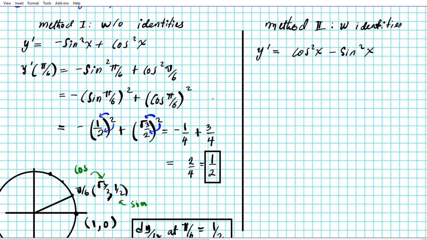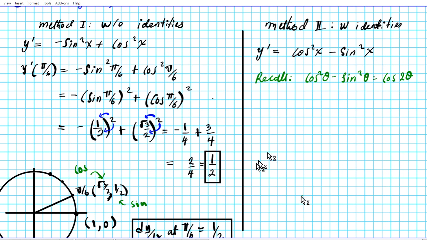So you just have to remember that cosine squared theta minus sine squared theta is equal to cosine 2 theta. Okay, this is one of your double angle identities.